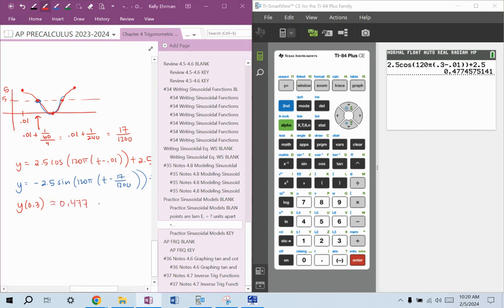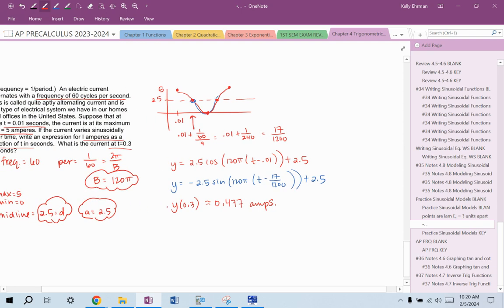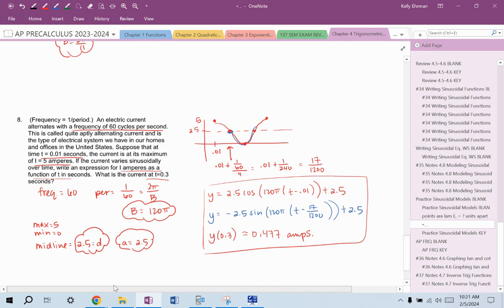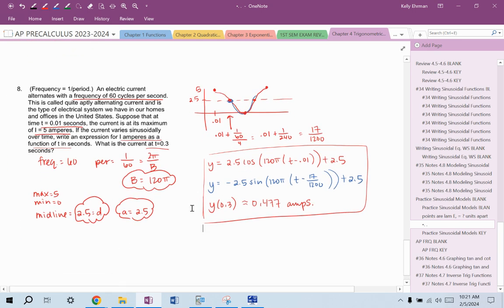And the measurement on y is amperes, which is just amps. All right. So that finishes our 1 through 8 for today. And tomorrow we're just going to practice some more of these on the other side.